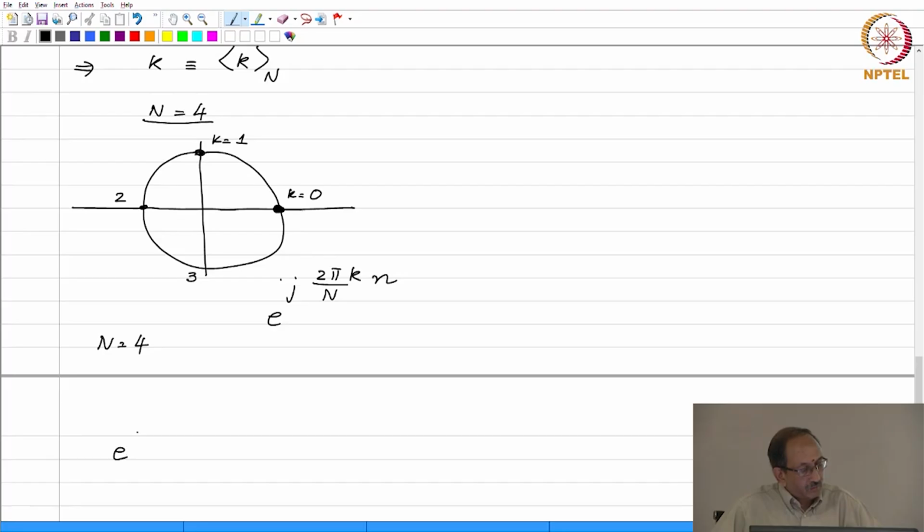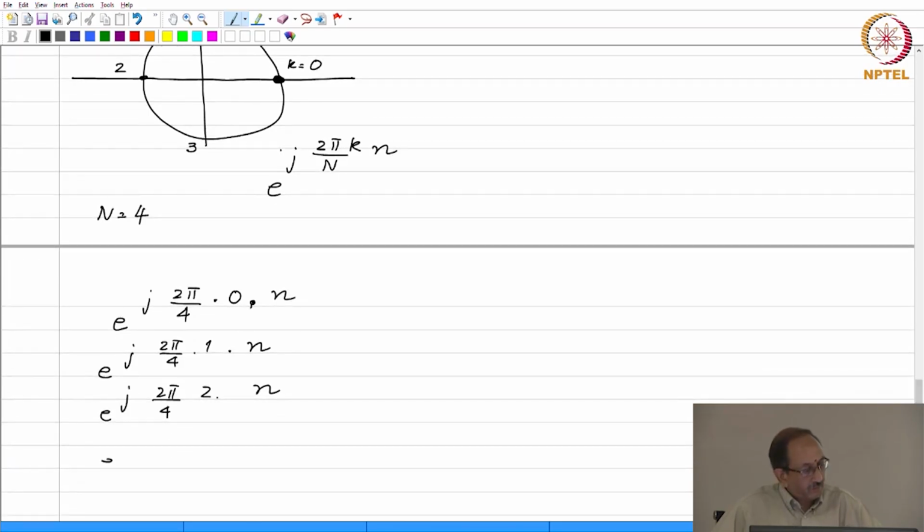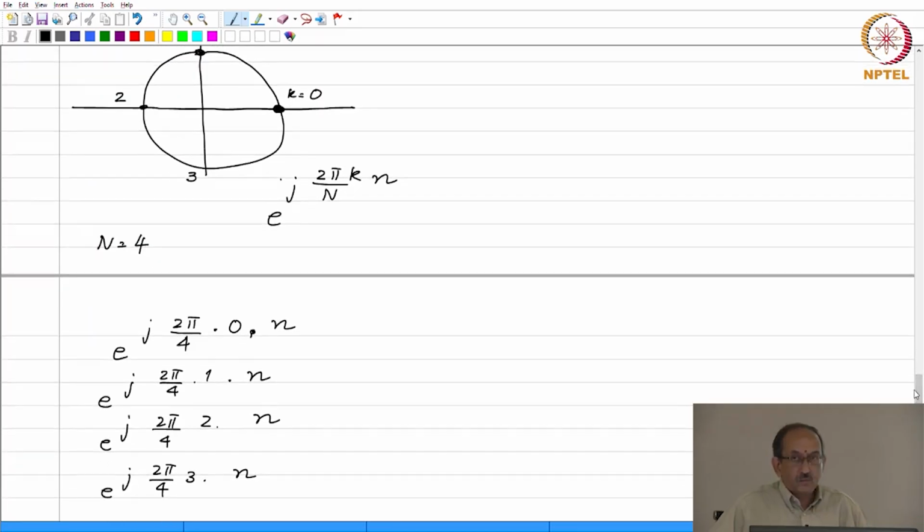Therefore, we have e to the j 2 pi by 4, you have k equal to 0 times n. So, this gives you the first complex exponential. Then e to the j 2 pi by 4, k is 1 times n, 2 times n, and then e to the j 2 pi by 4, 3 times n. So, these are the 4 distinct exponentials that are possible here.